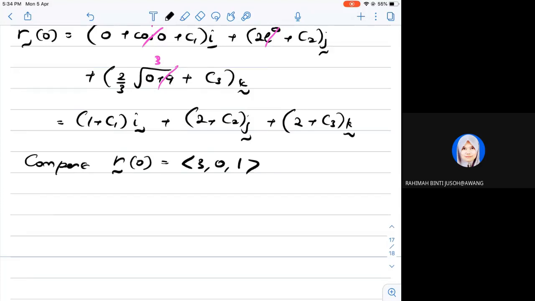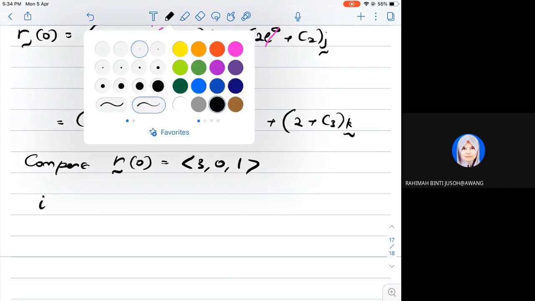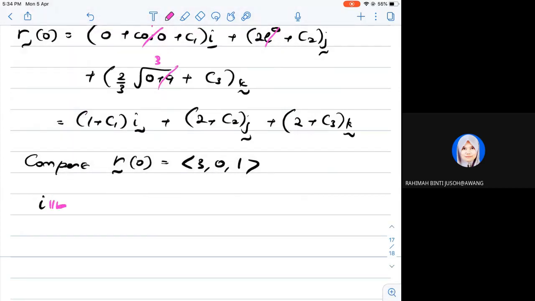301. So component i, we have 1 plus C1 compared with 3. So you will have C1 equals to 2. Okay, next component j is 2 plus C2 equals to 0. So C2 equals to negative 2.